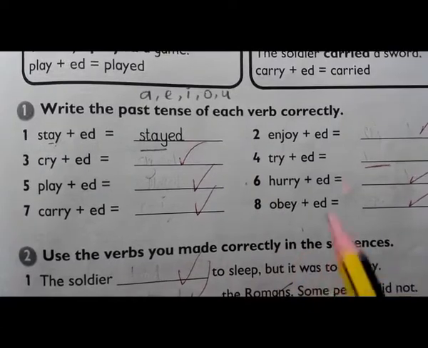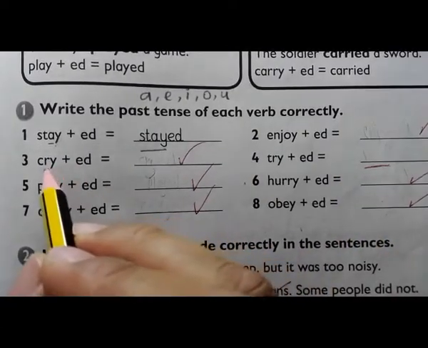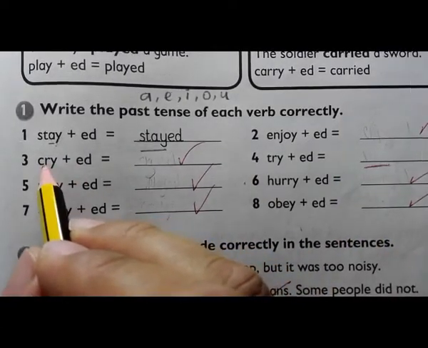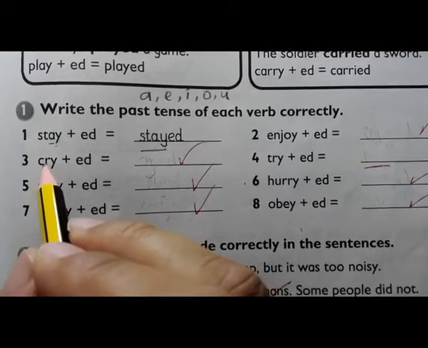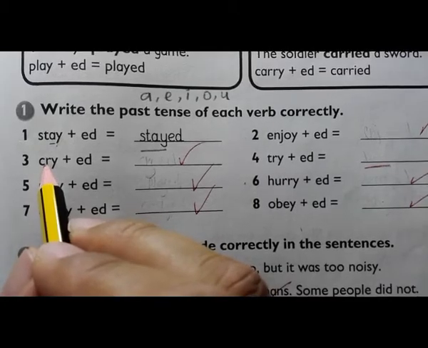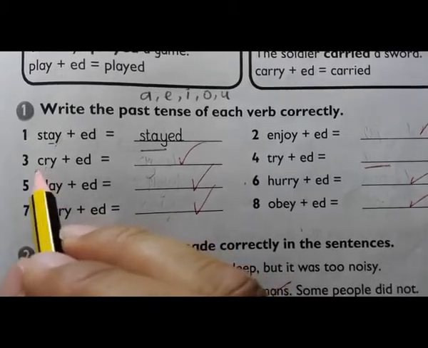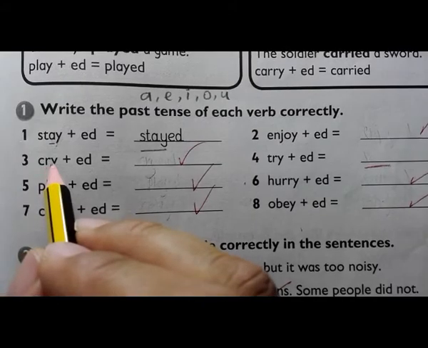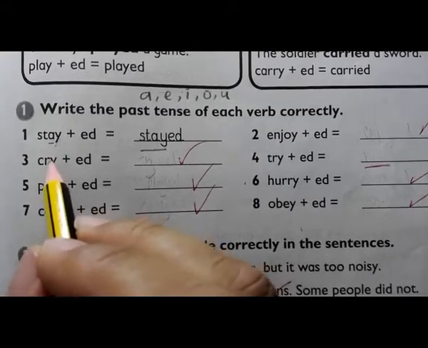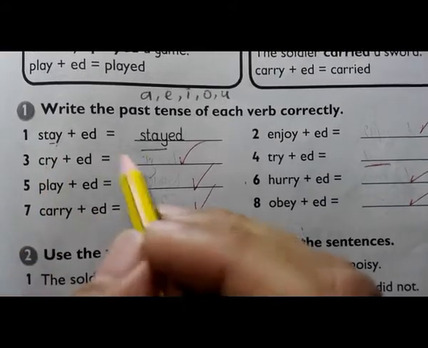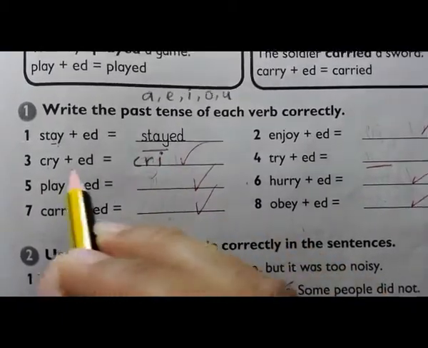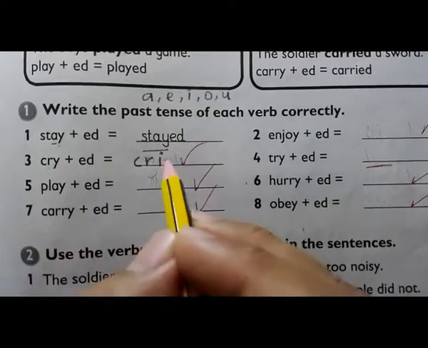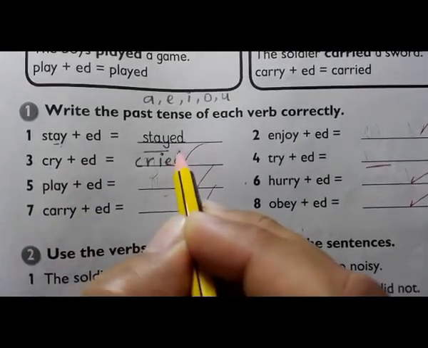But if there is no vowel before y, like here cry, before y there is r, and r is not a vowel. So when there is no vowel before y, replace y with i, like C-R-I, and then add ed, cried.